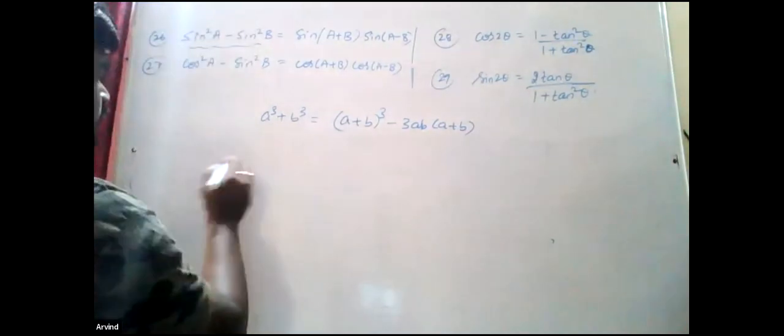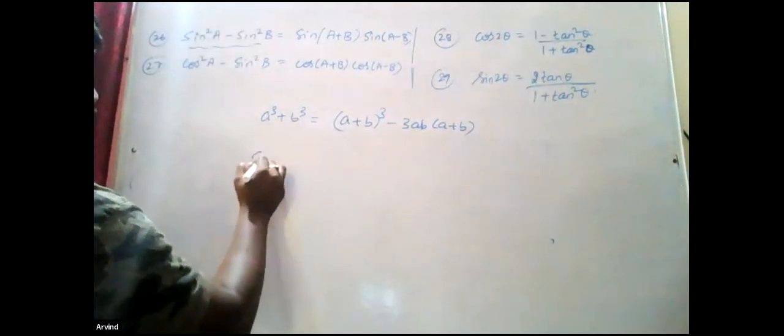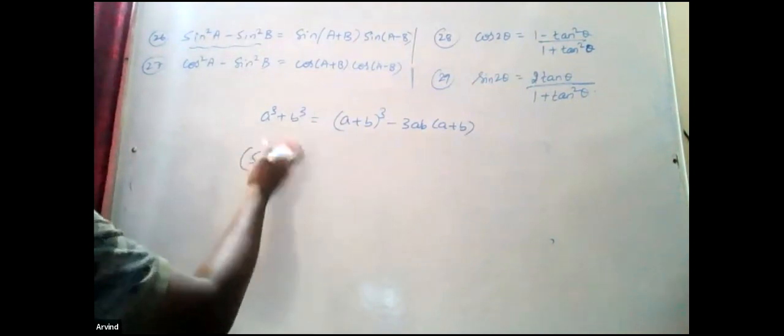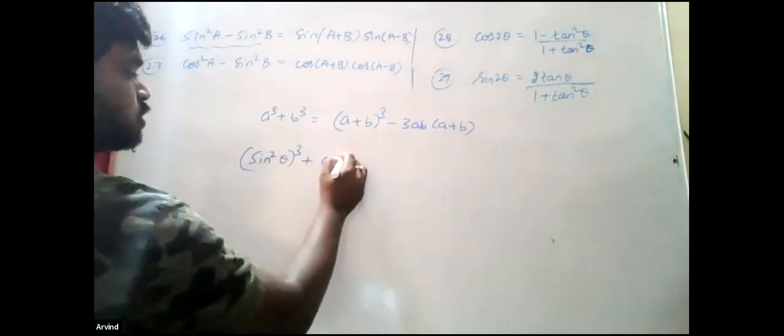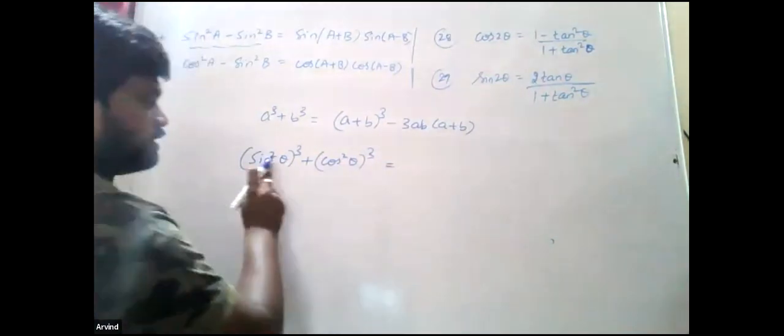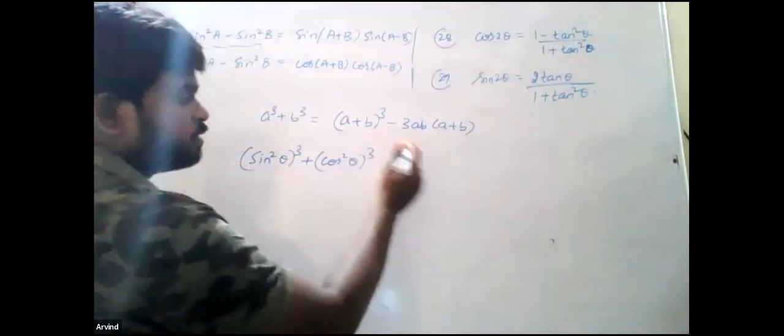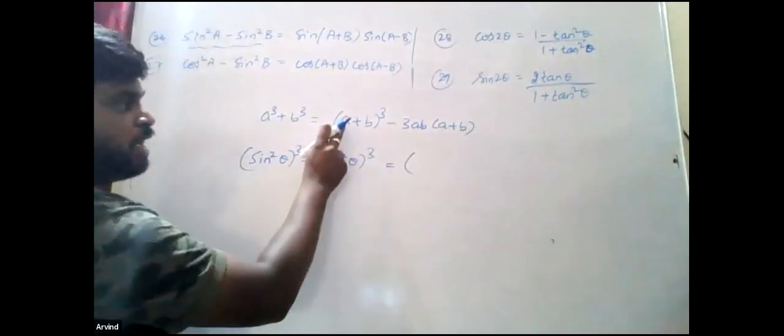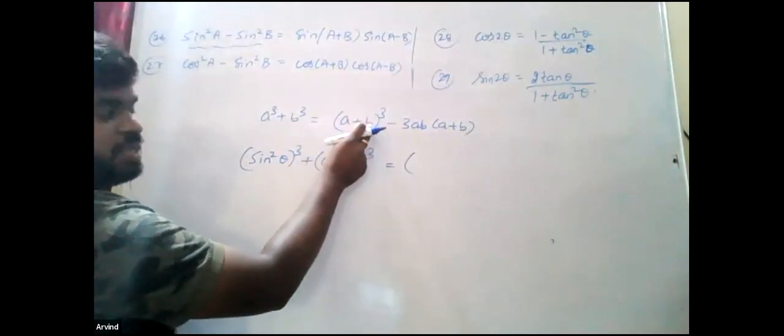Now sin power 6 theta, I can write it as (sin square) the whole cube, because 2 threes are 6. Similarly (cos square) the whole cube. So if you observe, it is in the form of a cube plus b cube. In place of a there is sin square, in place of b there is cos square.